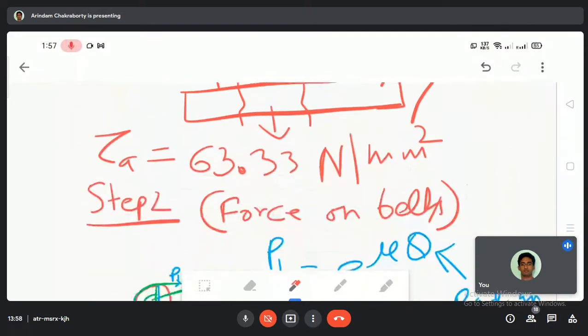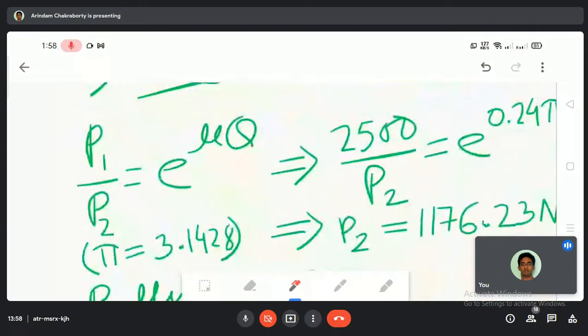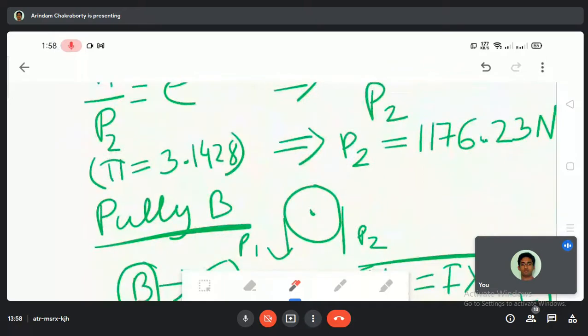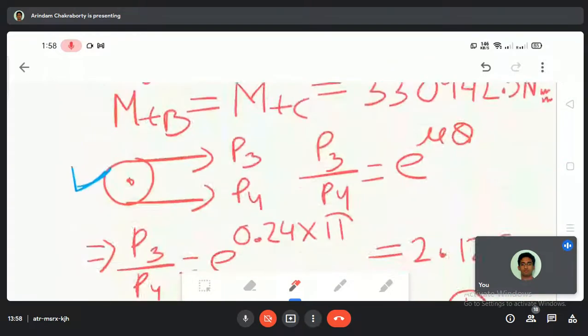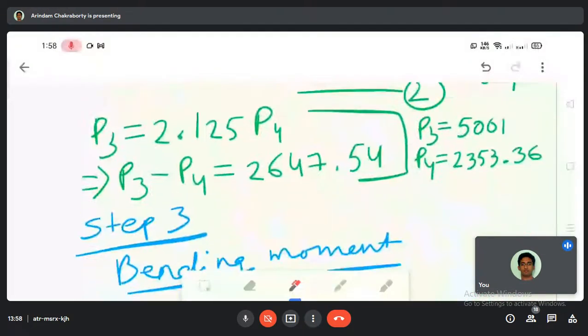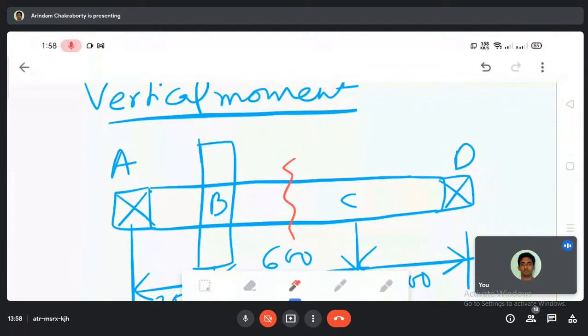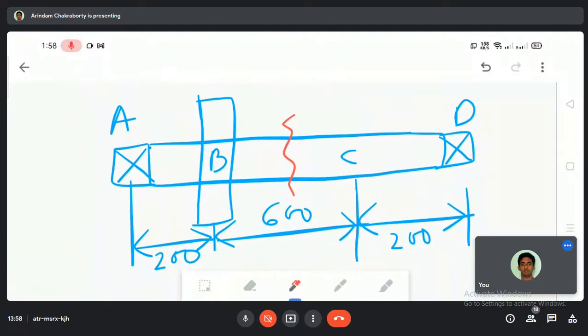We find out the bending moment at every single section. What do you mean by section? Section means it's nothing but like this. Here you can find two sections, because there are two supports, 1 and 2. So you can find a maximum of 2 sections. One is over here. This is section 1, and another one is section 2.